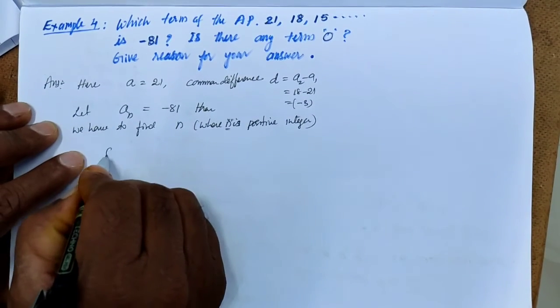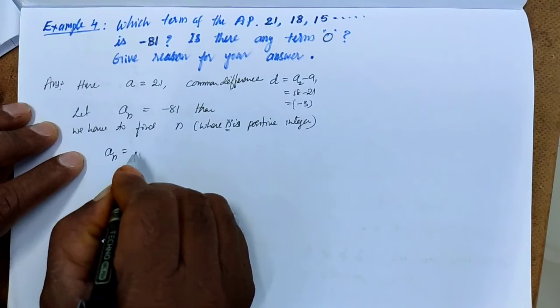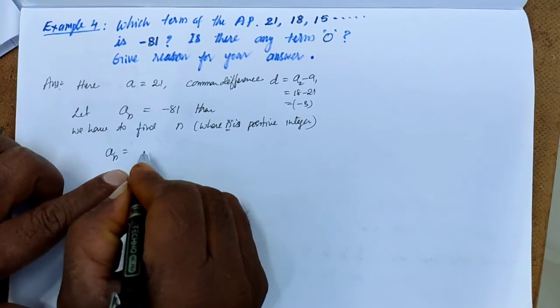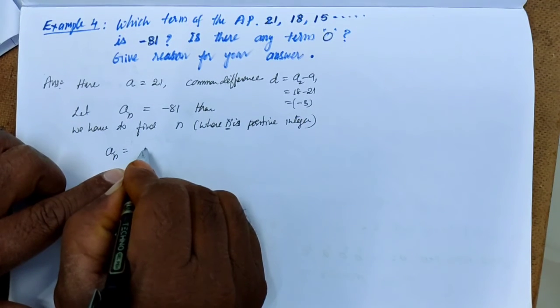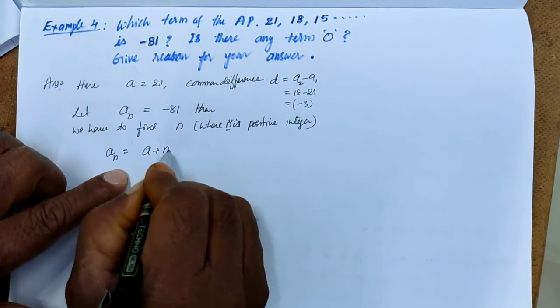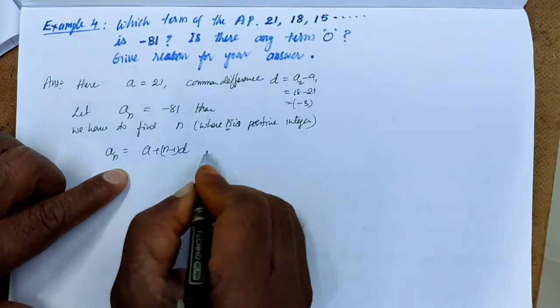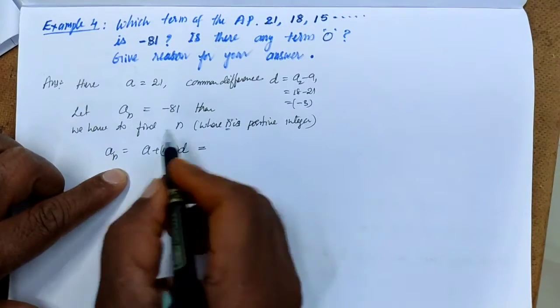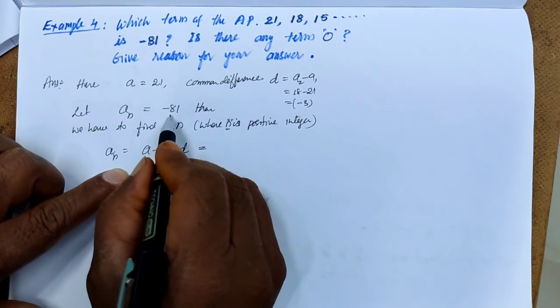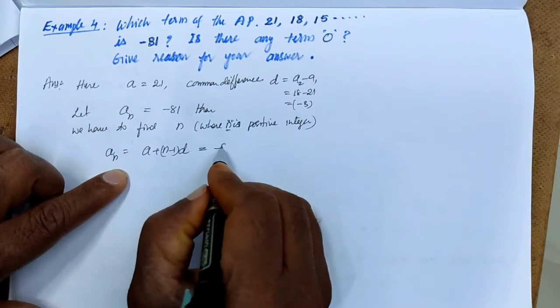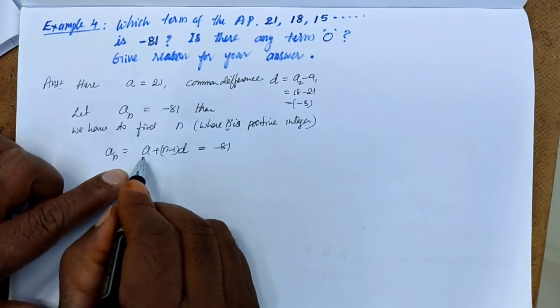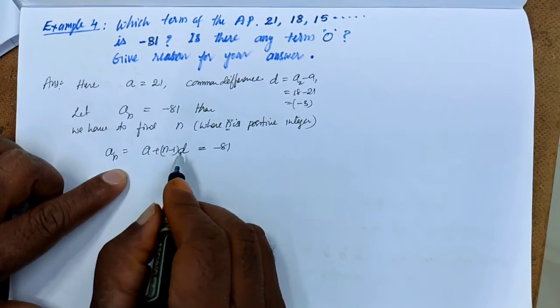So an is equal to what we know? The nth term is a plus n minus 1 into d, which according to our assumption is minus 81. Now substitute a and d in this.